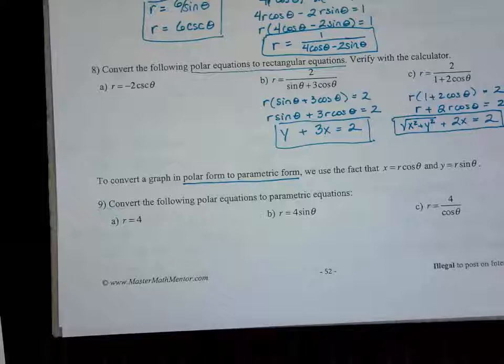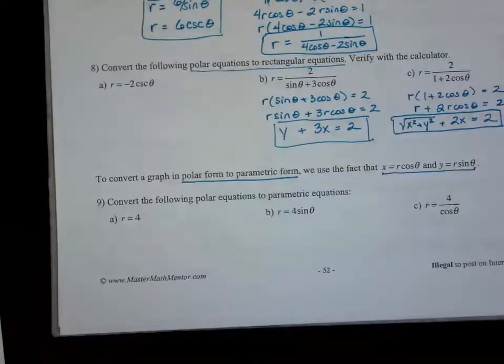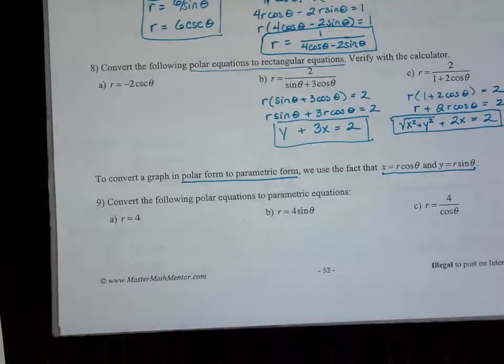Here we go. Polar to parametric, we use that x equals r cosine theta, y equals r sine theta. Do you remember yesterday that when we did parametric, sometimes we had x equals something with thetas and y equals something with thetas? Do you remember that? Okay? Parametric just means 3 variables.